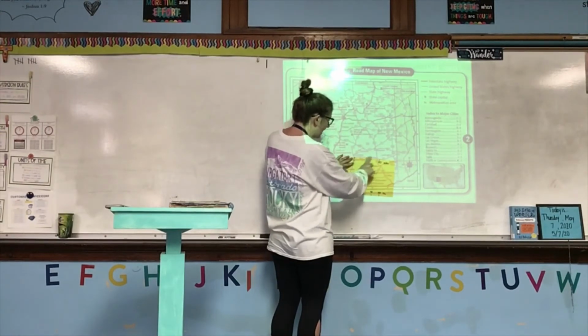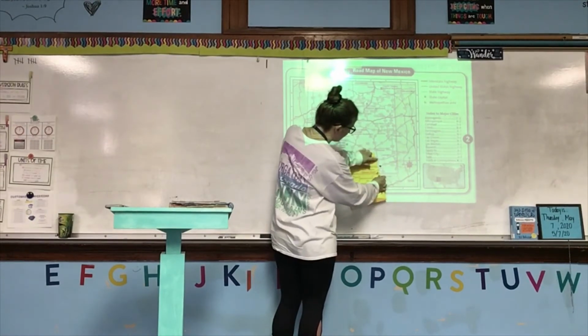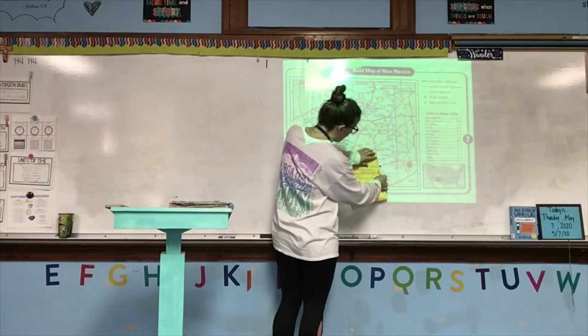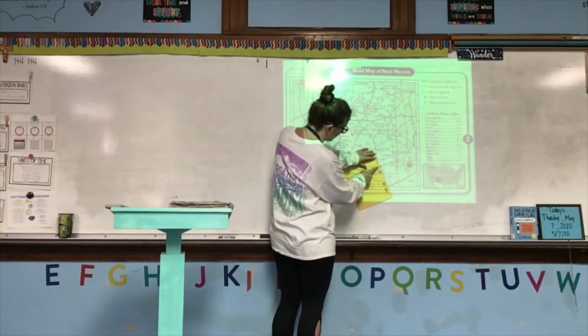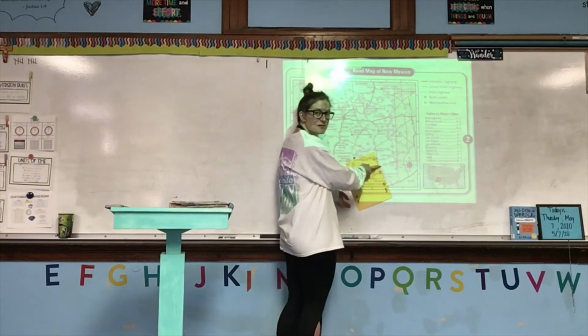So it's about 90 miles to drive from Alamogordo to Artesia. Then I'm going to put that 0 back at Artesia, and then I'm going to end at Carlsbad. And we can see that from Artesia to Carlsbad is maybe about 30 miles.